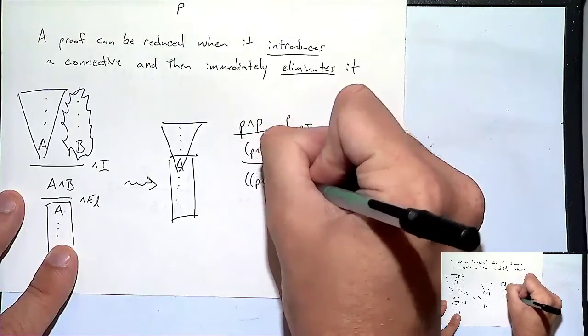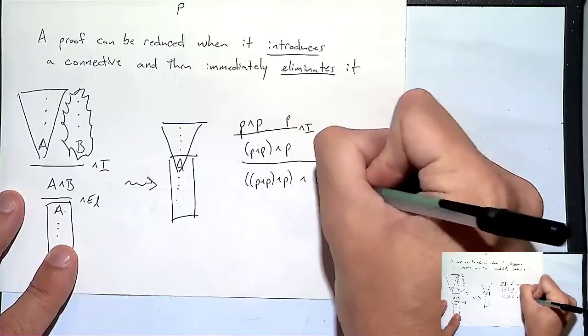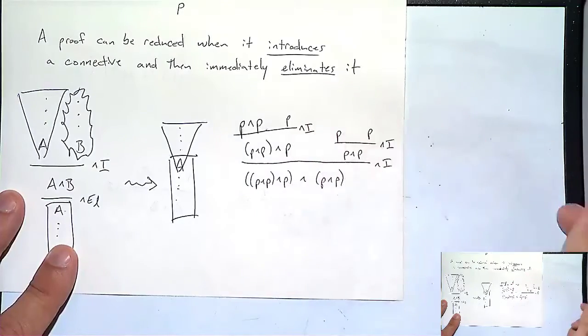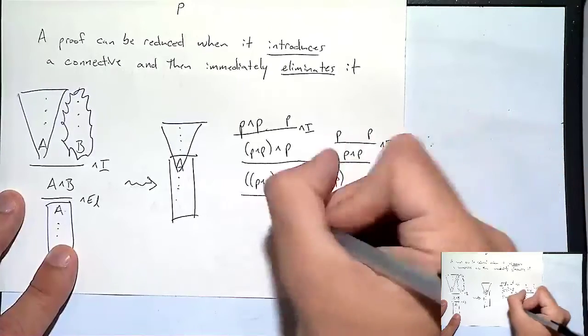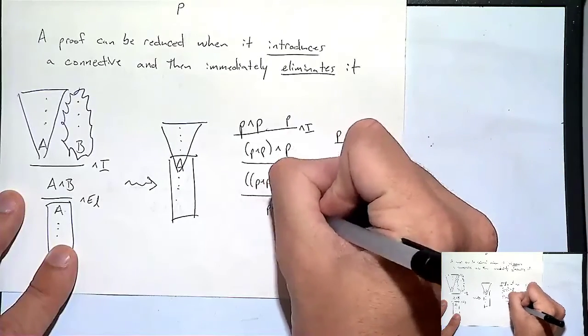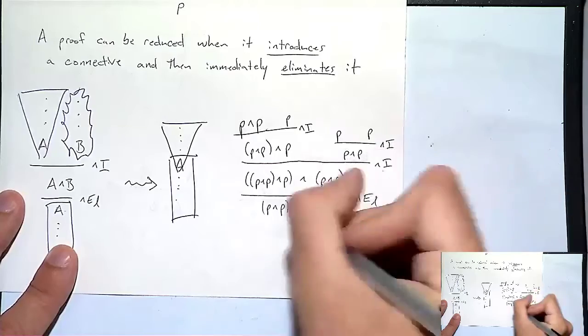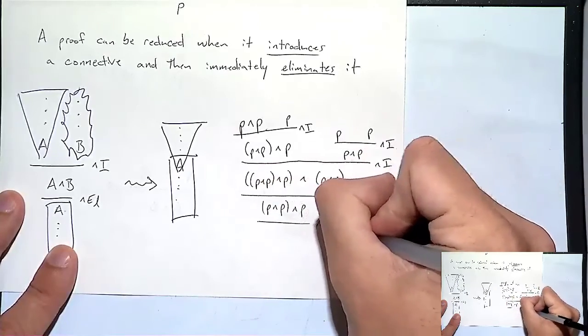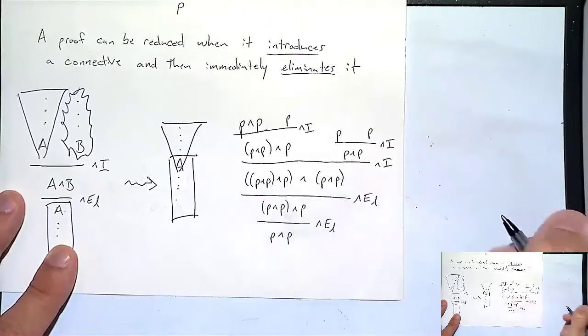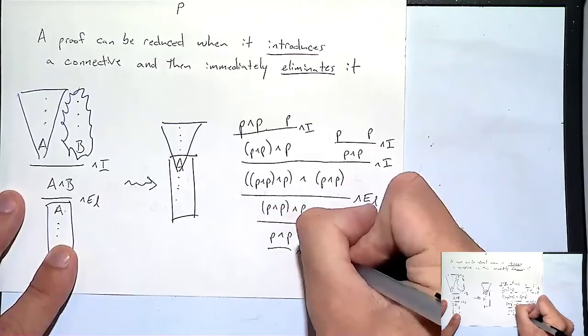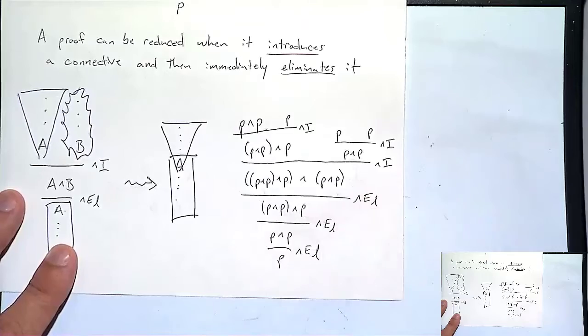P and P and P and P and P. And conjunction elimination on the left, so P and P and P, and elimination on the left to P and P, and conjunction elimination on the left to P.